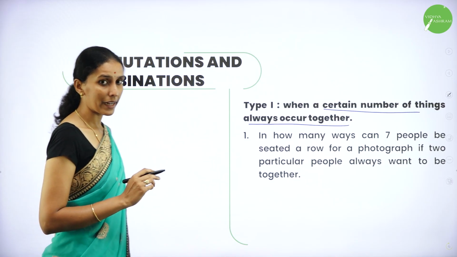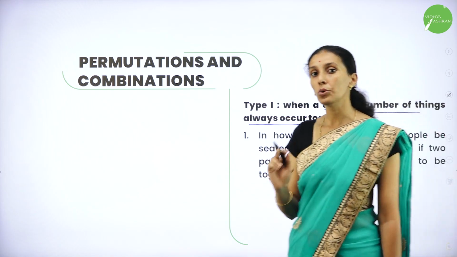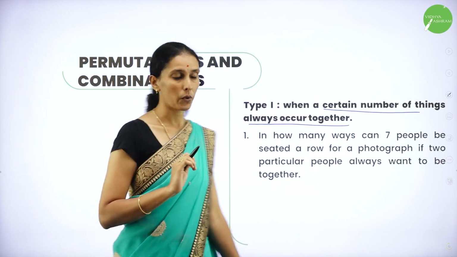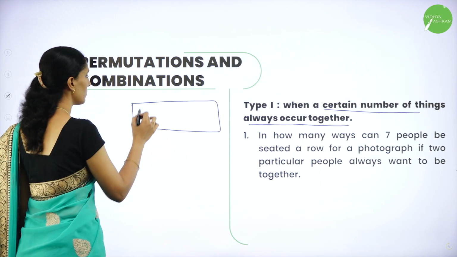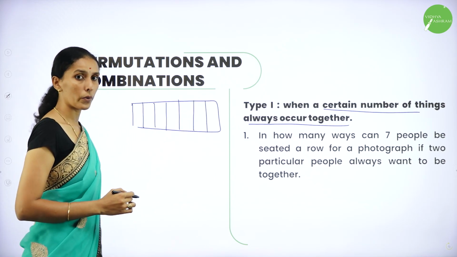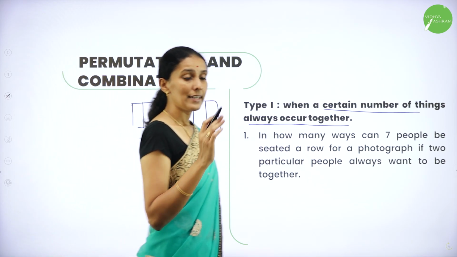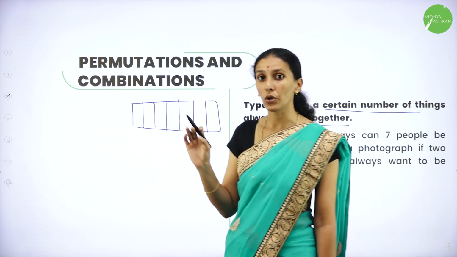So we have to arrange 7 people for a photograph so that 2 people are always together. Let me take 7 places here: 1, 2, 3, 4, 5, 6, 7. We know that 7 different objects can be arranged in 7 factorial ways.